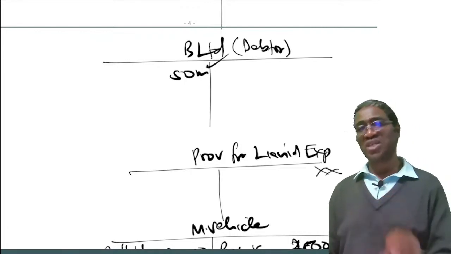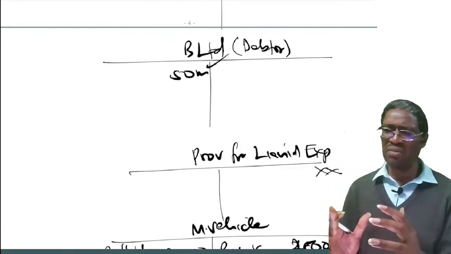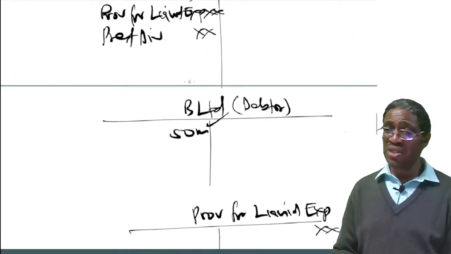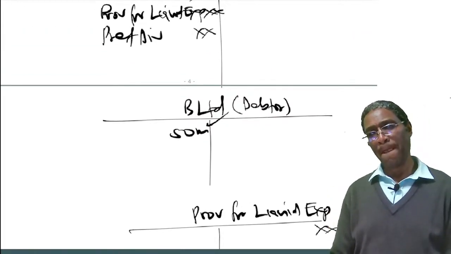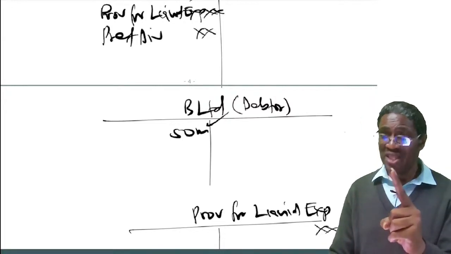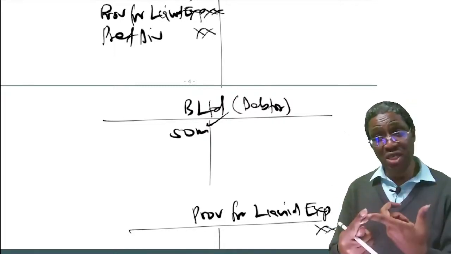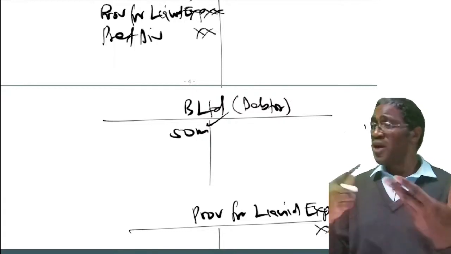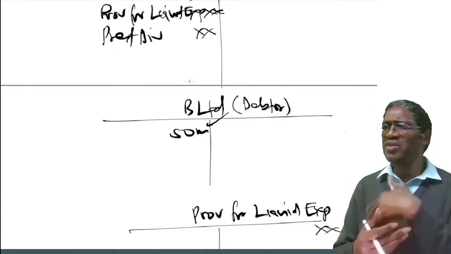Now listen. A time has come for them to pay us this 50 million. Company B might decide they are going to pay you part of that 50 million in cash, part in shares, and part in debentures, or all of it in cash, or all of it in shares.